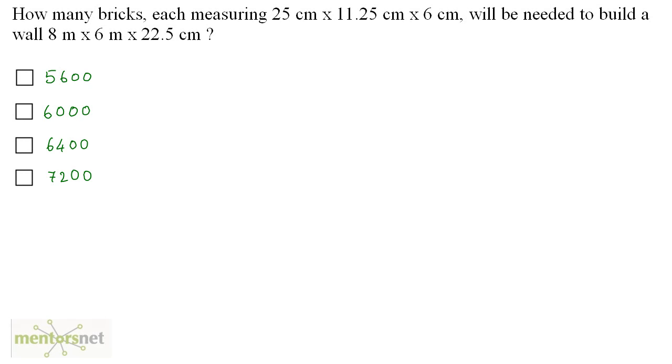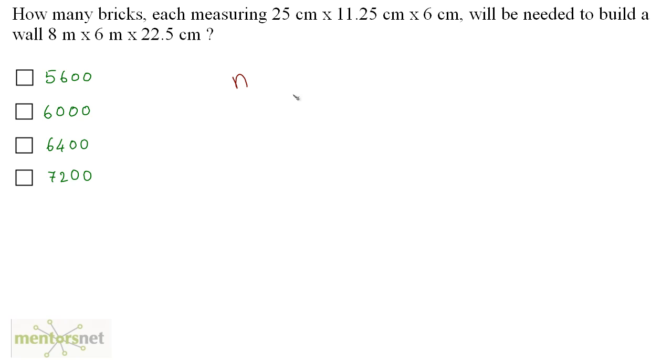How many bricks, each measuring 25 centimeters by 11.25 centimeters by 6 centimeters, will be needed to build a wall which is 8 meters by 6 meters by 22.5 centimeters? Let us consider that the total number of bricks required is n.